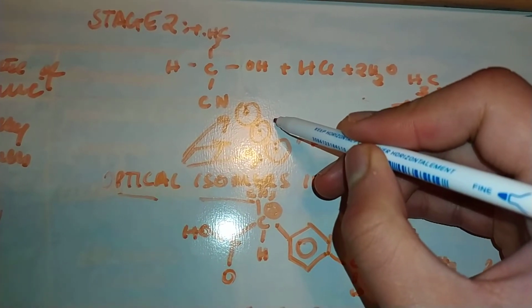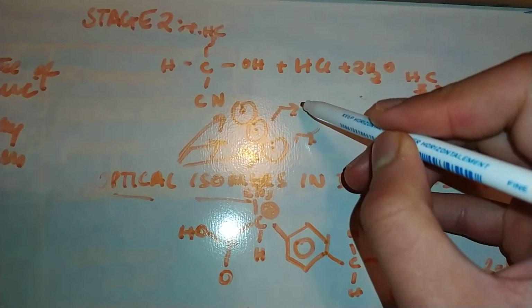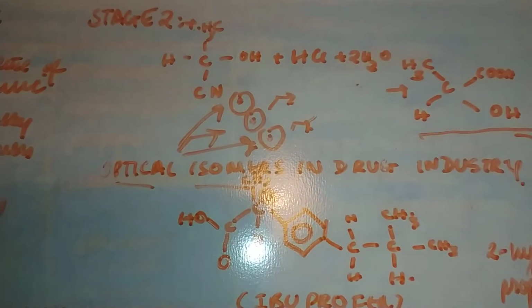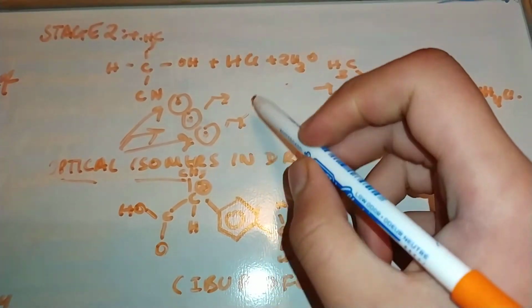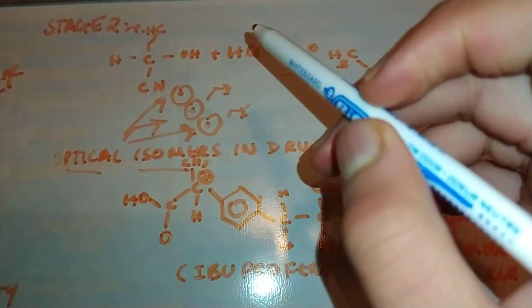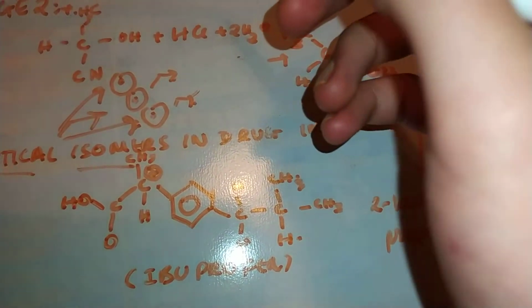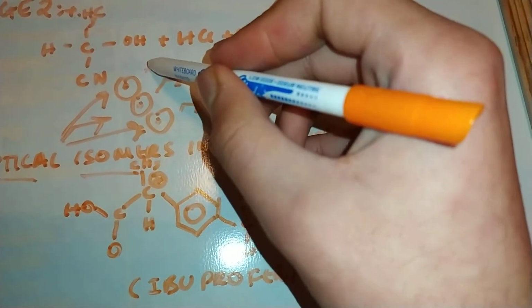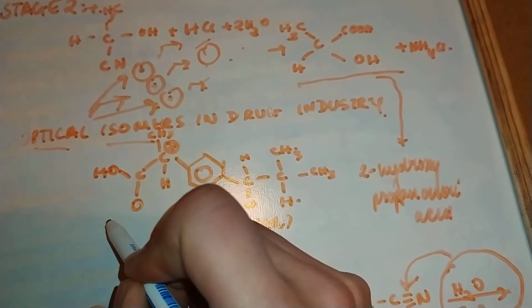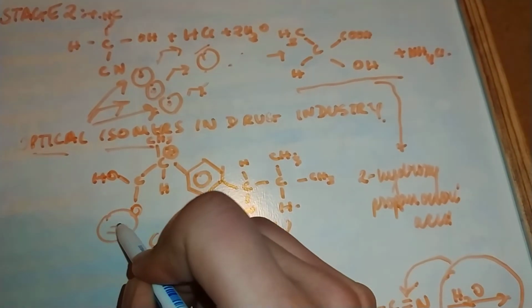In the case of racemates, one particular isomer may be useful, the other one may prove to be toxic. Now this is an example of ibuprofen.